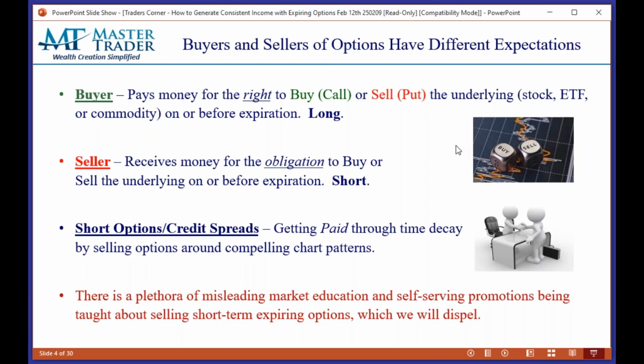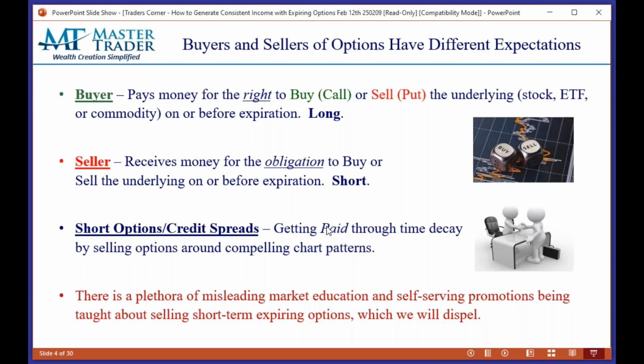So if I have a bullish view of a chart and I don't think it's going down within the days to expiration, I'm going to be looking to sell put options. If I think something is at a short-term high, a double top, for example, then I'm going to be looking to sell calls over resistance, or what's called a bear call credit spread.